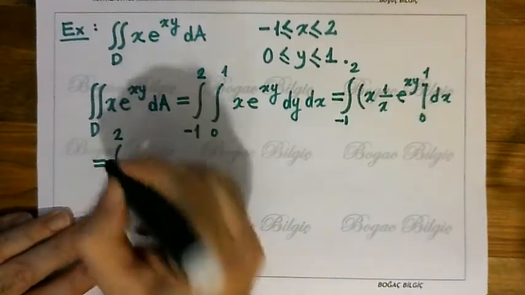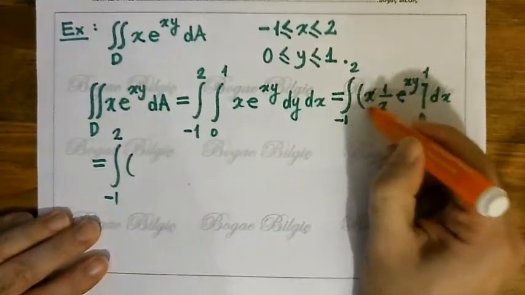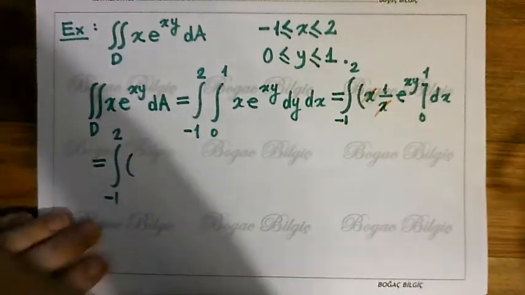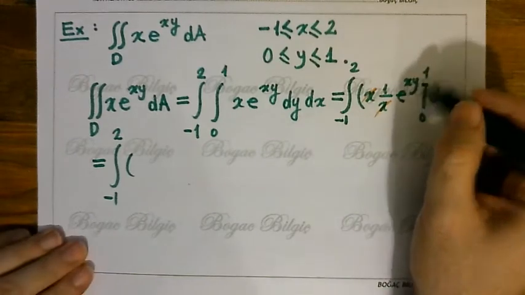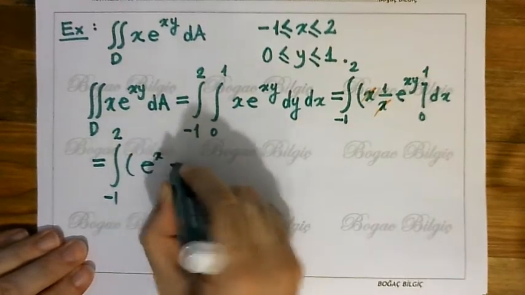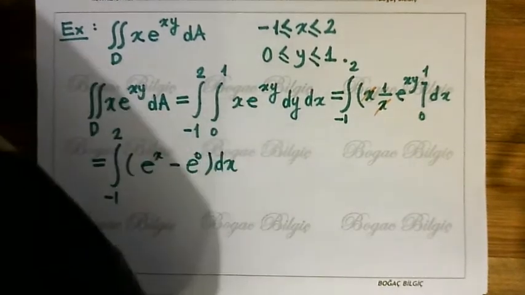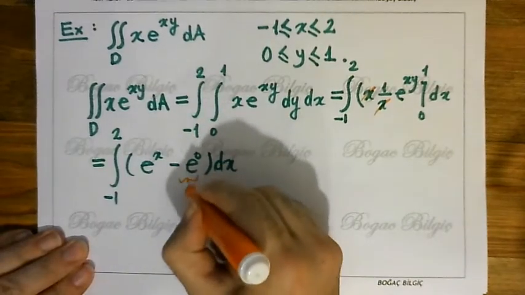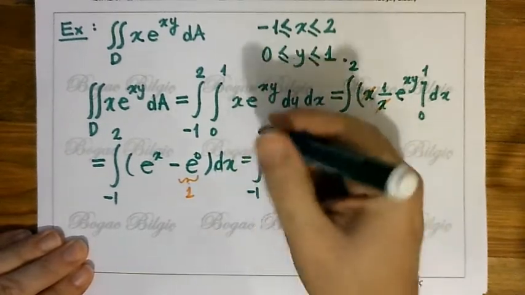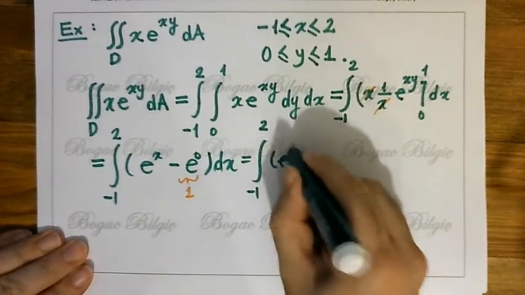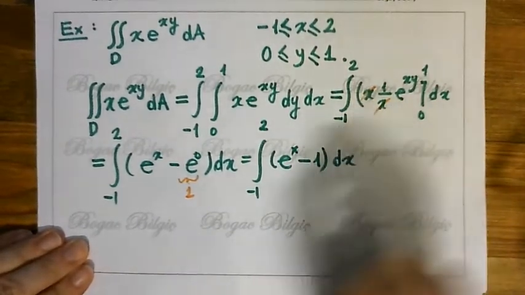Calculate easily: from -1 to 2, we write 1 and then 0, exponential x minus exponential 0, dx. This is 1. So, from -1 to 2, exponential x minus 1 dx.